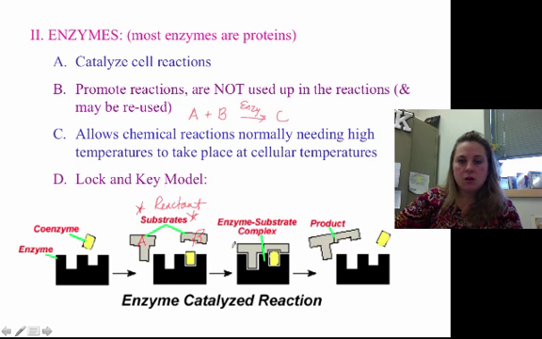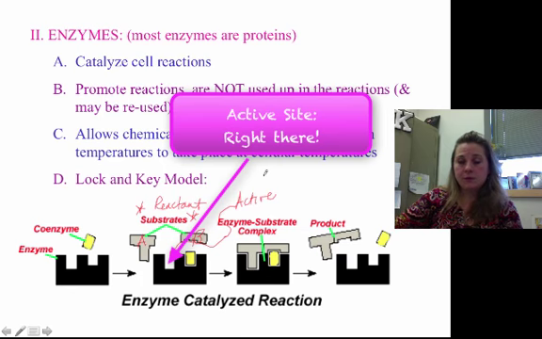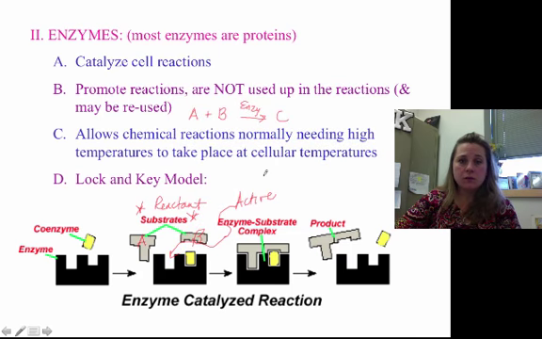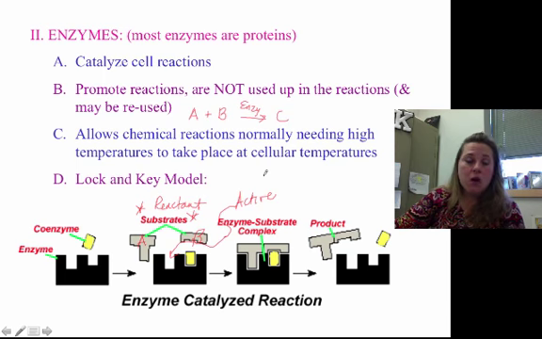So the substrates go into what's known as, this area here is called the active site. Very important piece, the active site. And the substrates fit because it's literally like a puzzle, okay? And if the substrate doesn't fit the active site, they're not going to combine.